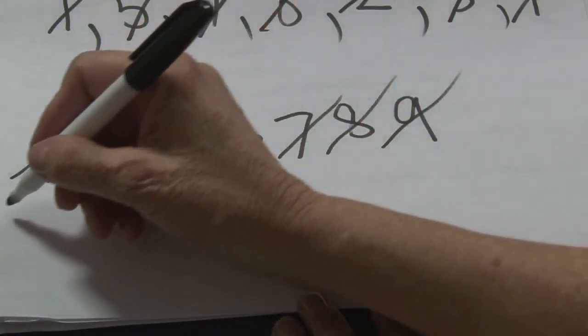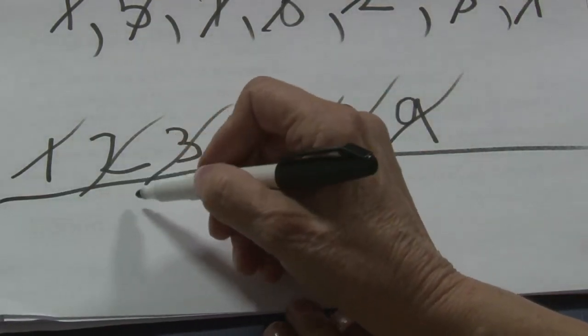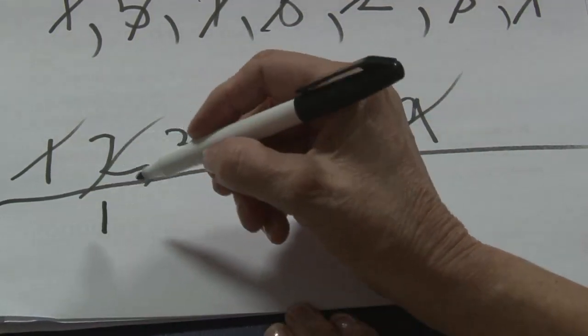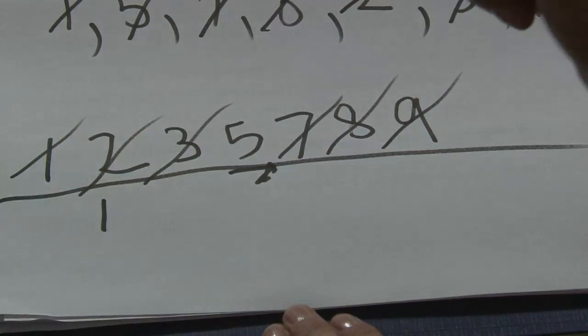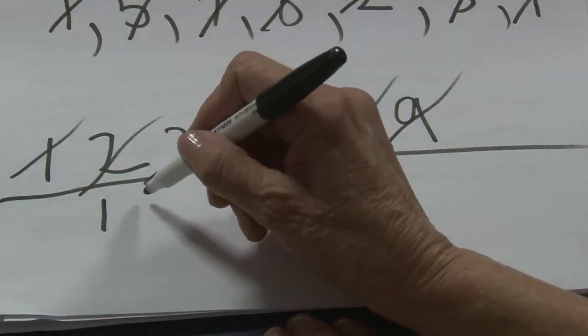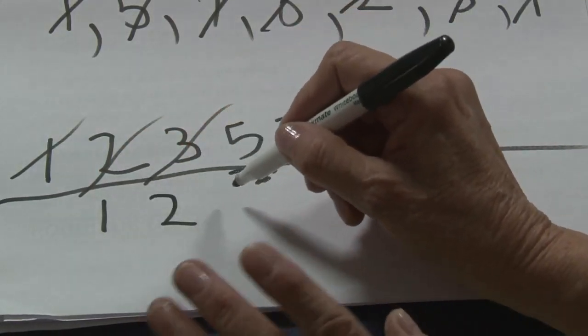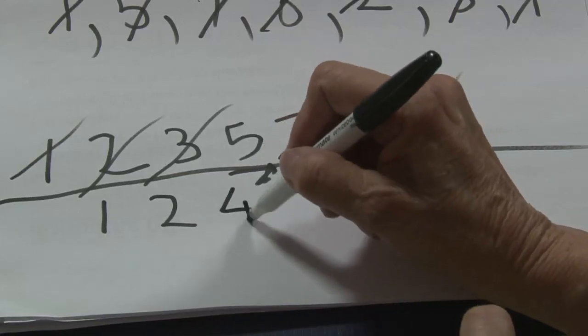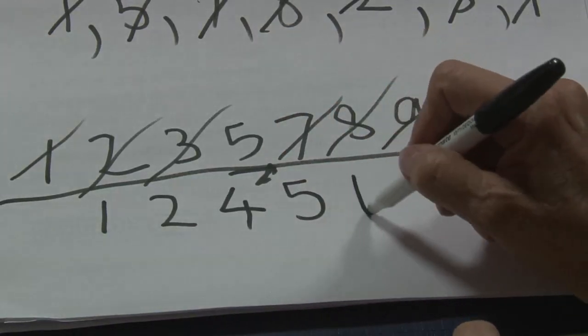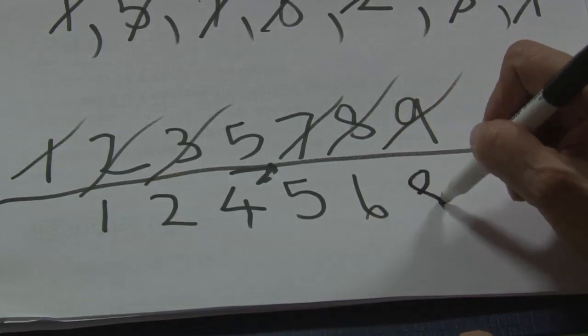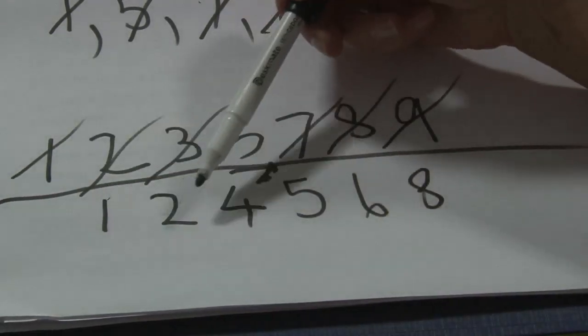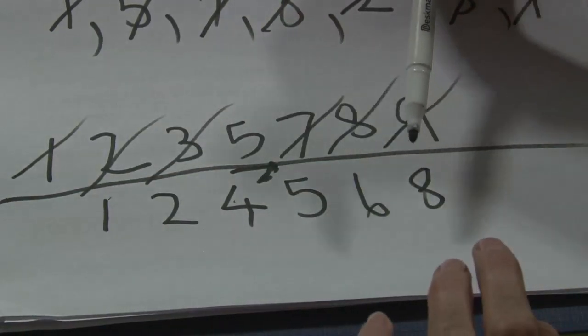If you have an even number of numbers, I'm going to arrange them from the smallest to the largest from the beginning. So for instance, it's 1, 2, 4, 5, 6, and 8. You can see it's 1, 2, 3, 4, 5, 6 numbers, which is an even number of numbers.